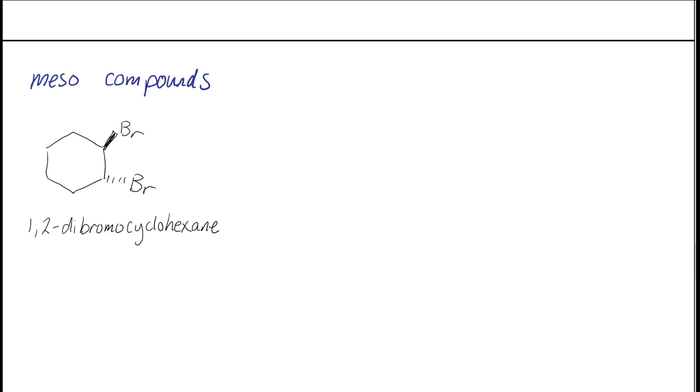And its mirror image, or its enantiomer, is also 1,2-dibromocyclohexane. So that tells us we need a little bit more information here on the name.